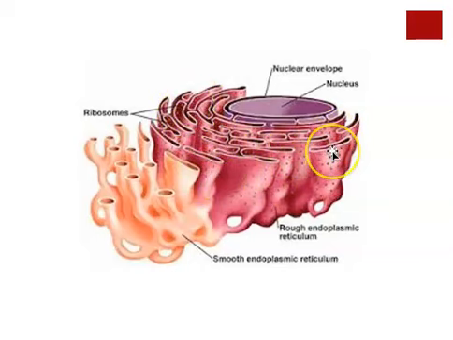This is rough endoplasmic reticulum. This is a big network, a big maze of flattened compartments of membrane. So you could go from the outer membrane of the nucleus, you could travel into this maze of compartments.